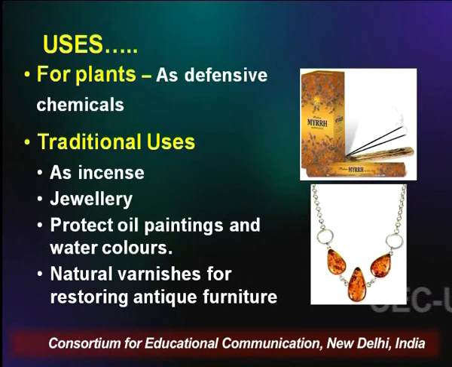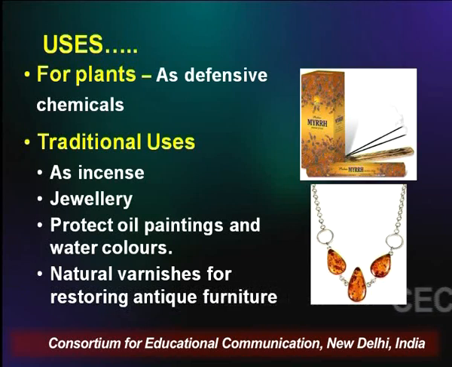Traditionally, these were largely used for their essence or their perfume. They were also used in making jewelry. As you can see in the slide, this jewelry is made up of a resin, and for essence purposes, myrrh was largely used. Even today you will find myrrh essence sticks available in the market.